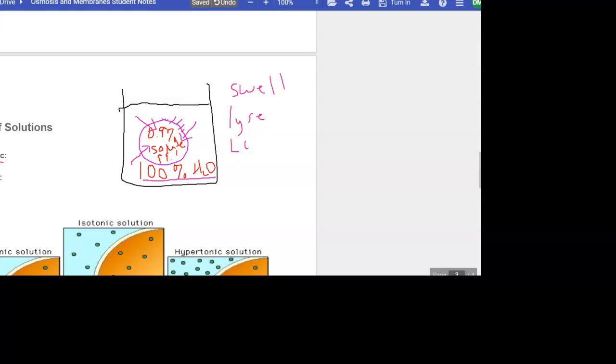Since we have low solutes outside the cell compared to the cell, we call this solution hypotonic. So 100% water is a hypotonic solution. Water will always flow into the cells and lyse them. Right? Let's draw a second condition here.